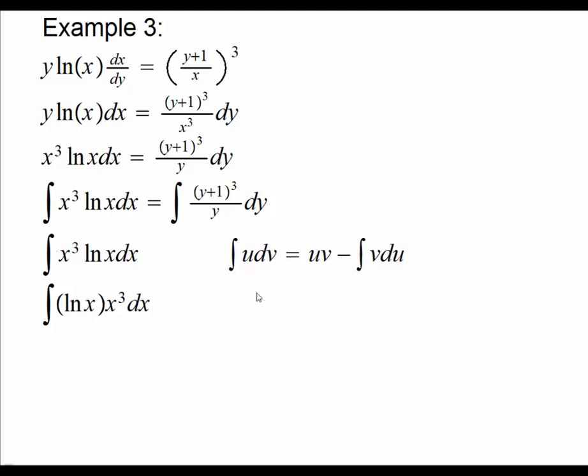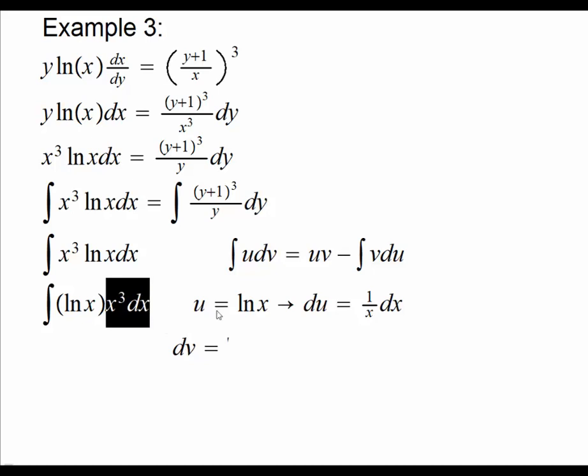So what we are going to do is this. We will take u equals natural log of x, which gives du equals 1 over x dx. At the same time, let's take dv as x cubed dx.